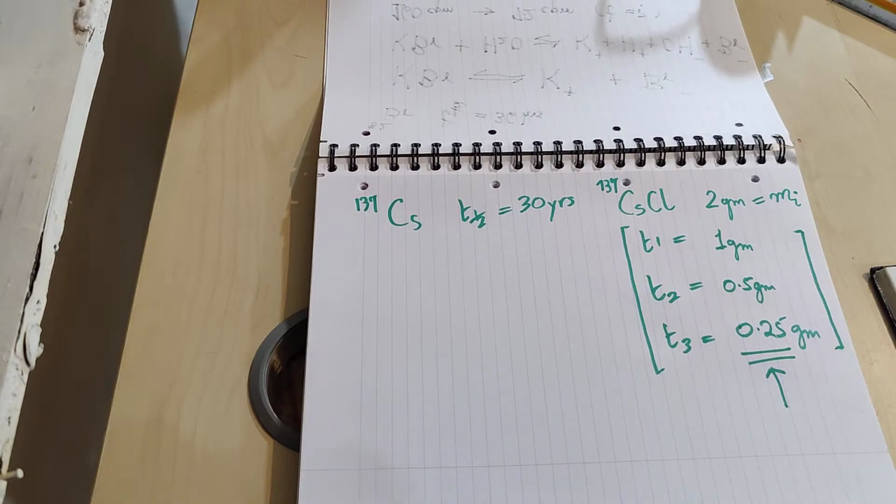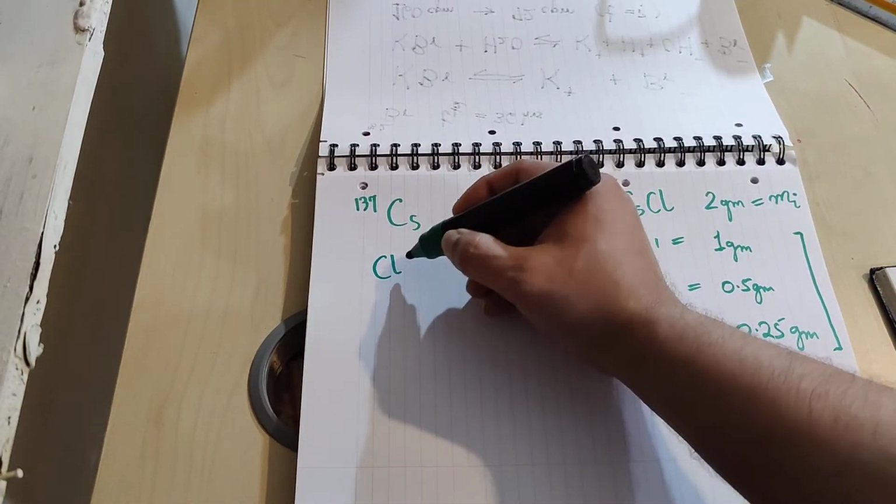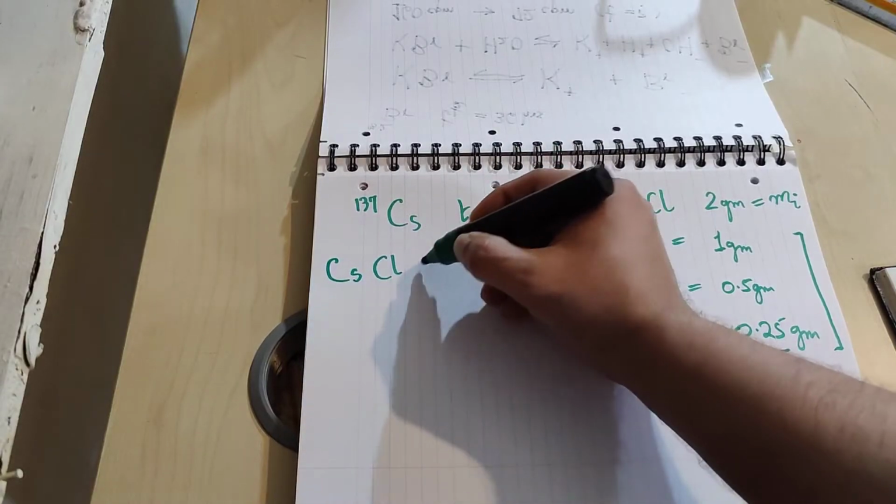Now this question doesn't address it, but if we look at 2 grams of cesium chloride, that's not 2 grams of cesium alone.